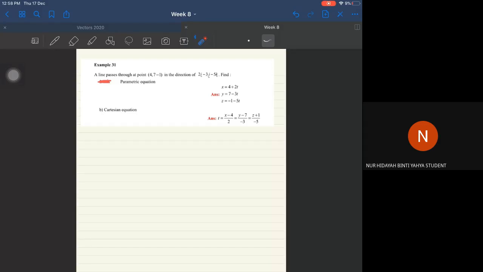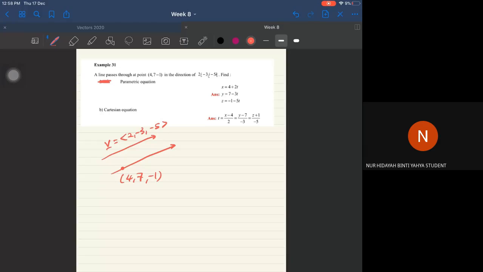Boleh lah kan. So by using, tadi kita kata syarat dia mesti ada satu point, mesti ada satu vector. So now vector awak adalah 2, negatif 3, negatif 5. And in the same direction, so on that line you ada satu point which is 4, 7, negative 1.